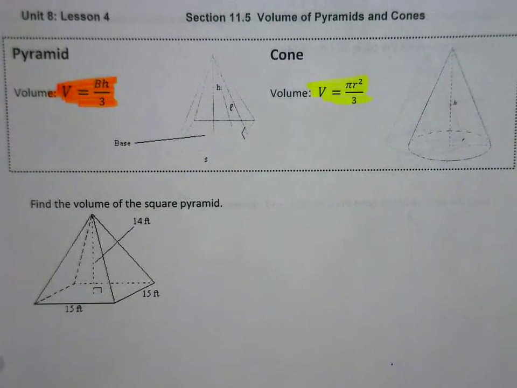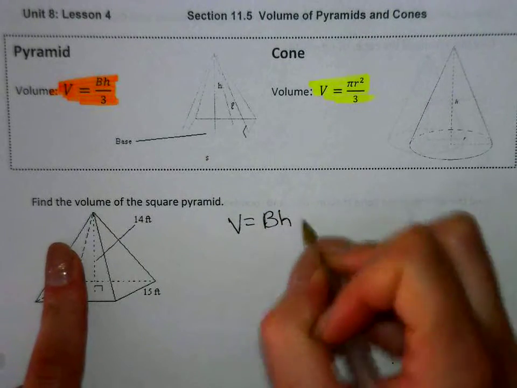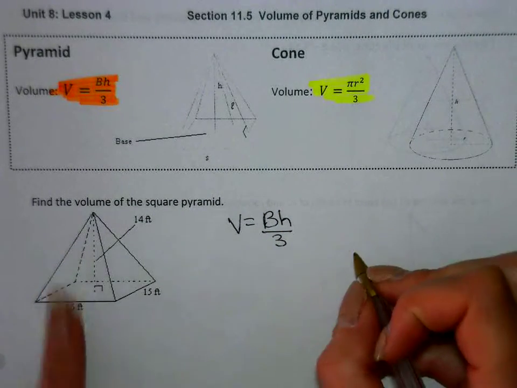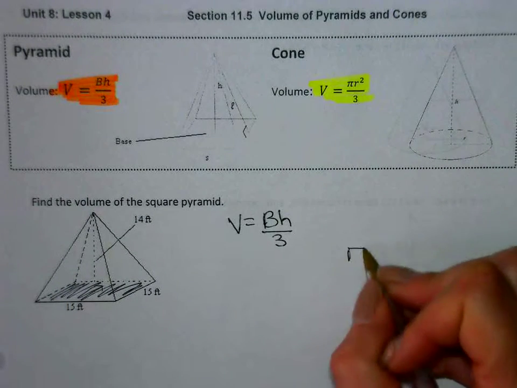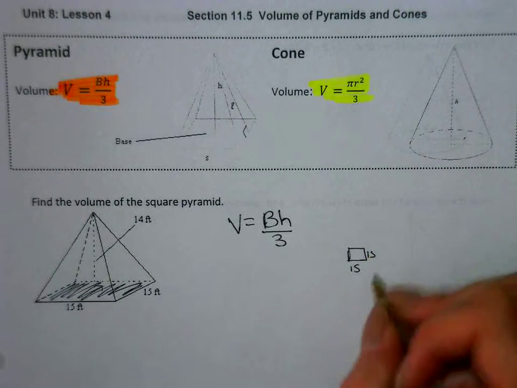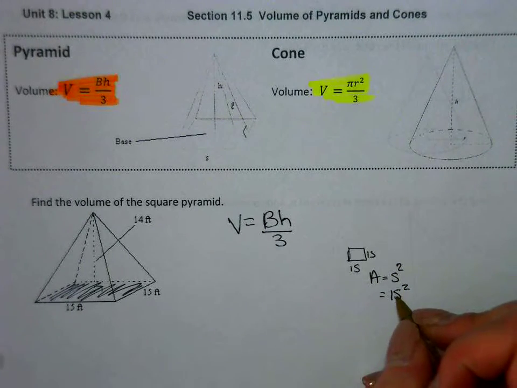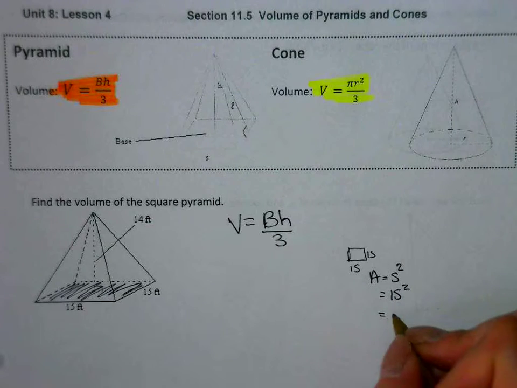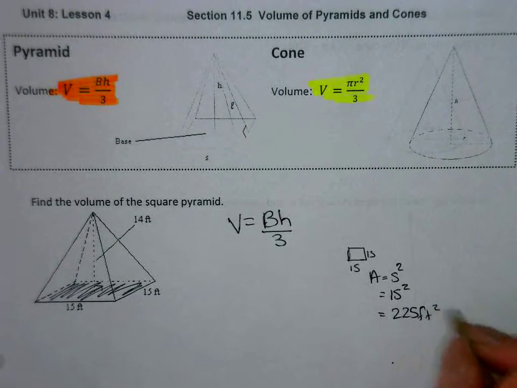So let's look at this pyramid and find the volume. The volume equals the area of our base times height, divided by 3. The base is a square, so the area is side squared, 15 squared, which is 225 feet squared.